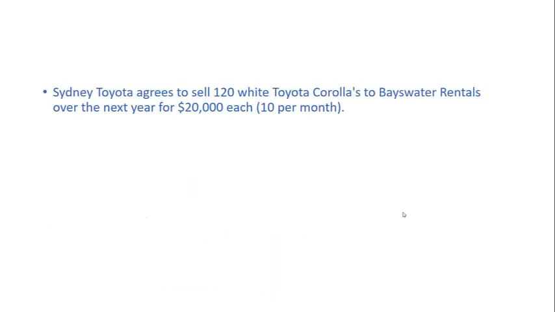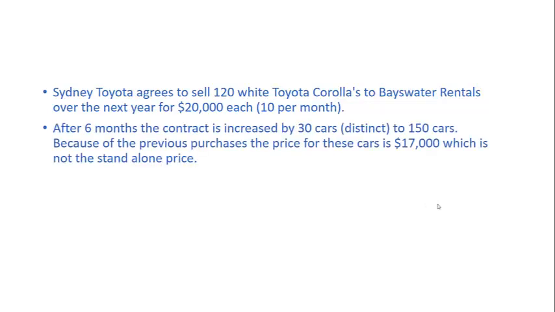In terms of thinking about how this becomes more problematic, let's start off with the same fact situation. We have 120 cars, $20,000 each, 10 cars per month over the course of a year. After 6 months, the contract is modified and is increased by 30 cars again to 150 cars, so an extra 5 cars per month.